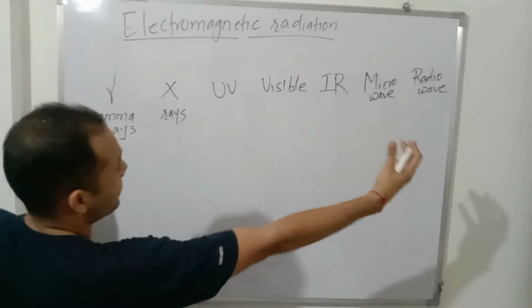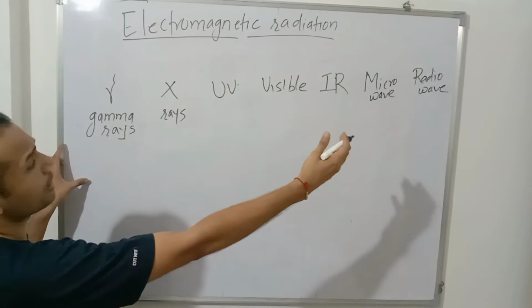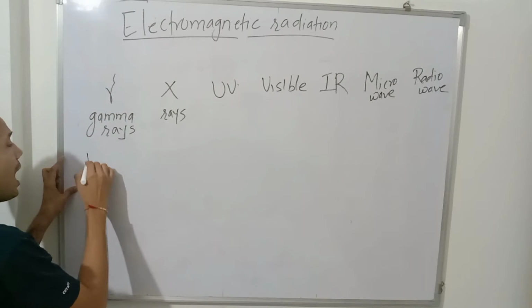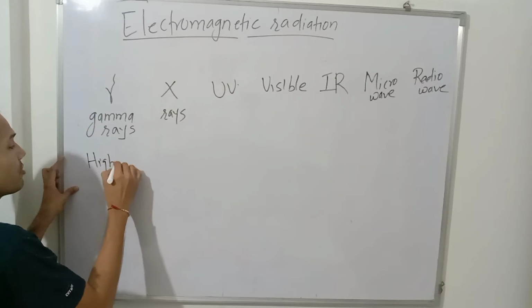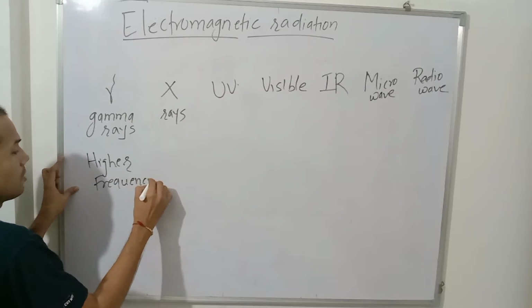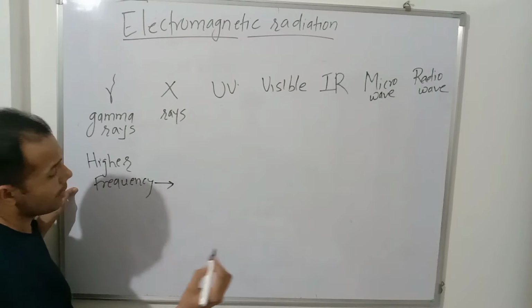If you move from right to left, for example from radio wave to gamma rays, then gamma rays have a higher frequency. What do you mean by frequency?